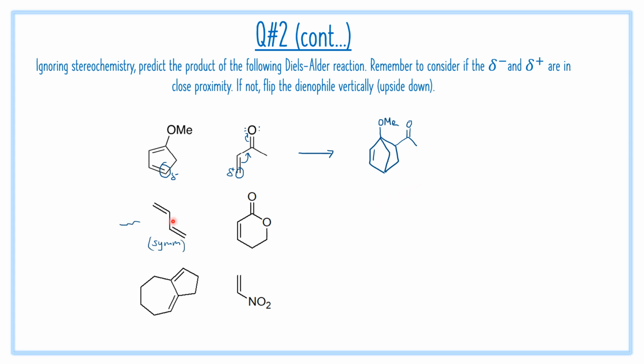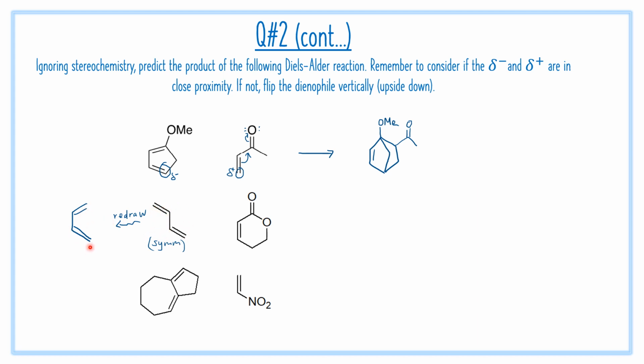Next one, notice that this diene is symmetrical, but you need to redraw it so it's in an S-cis formation. Because remember, in Diels-Alder reactions it cannot be S-trans in order for it to work, because it'll be too far away for any reaction to really occur.